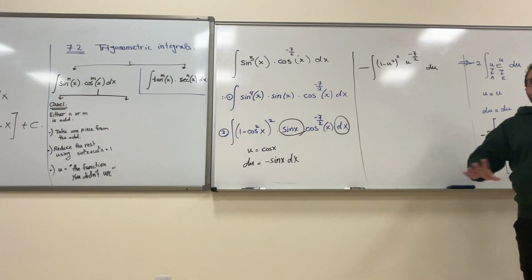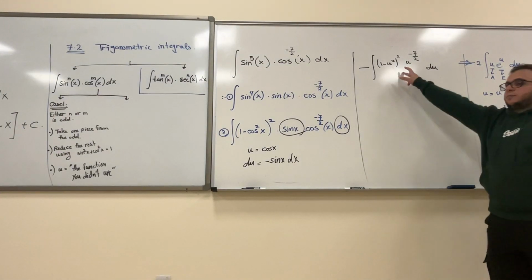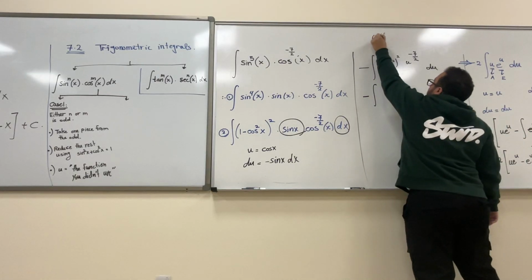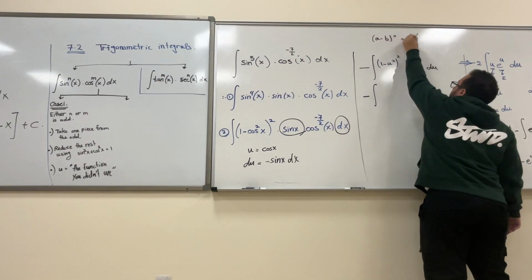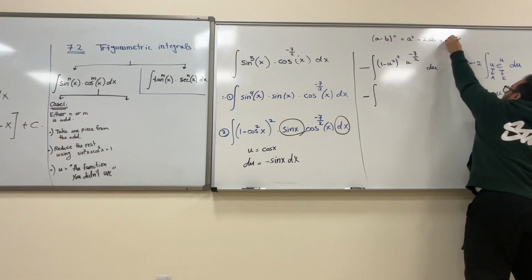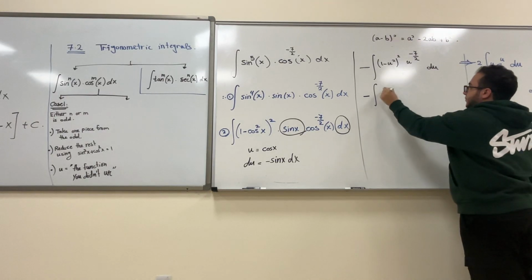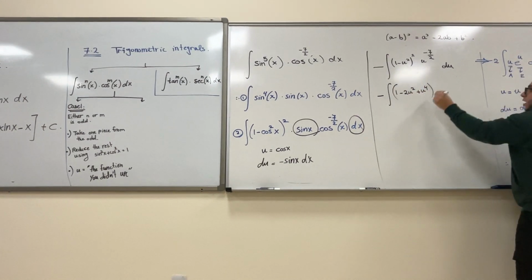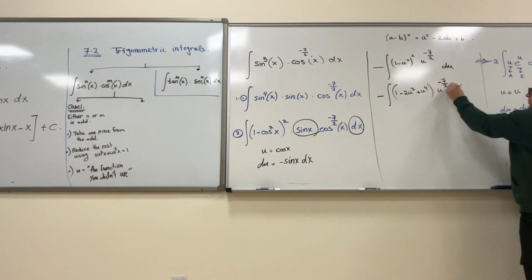Just expand and it becomes power rule. How do I expand this? Do you remember? a minus b squared is a squared minus 2ab plus b squared. So 1 minus 2u squared plus u power 4, all times u negative 7 over 2.